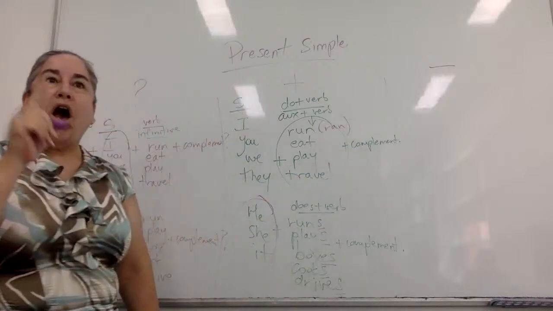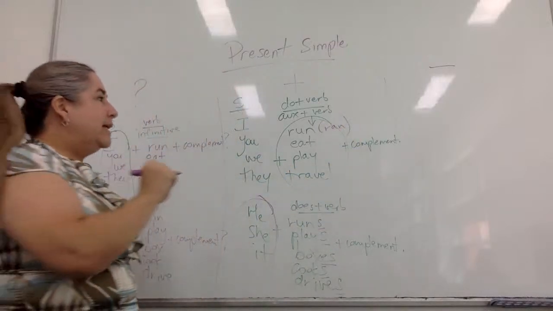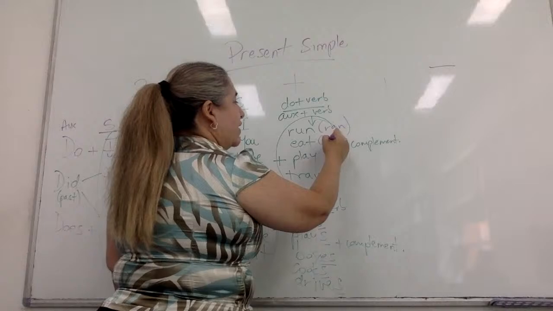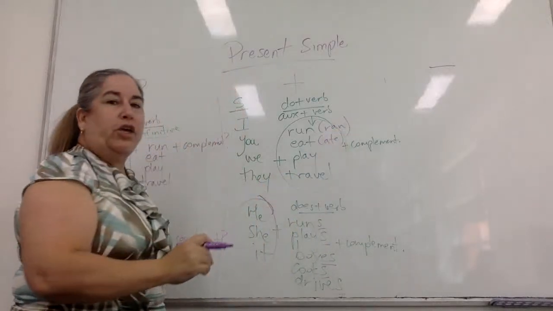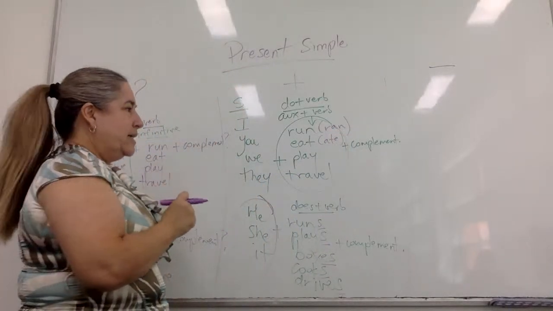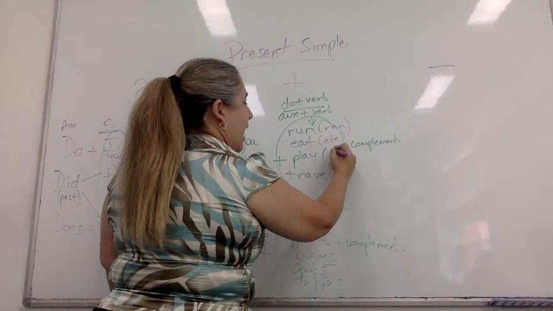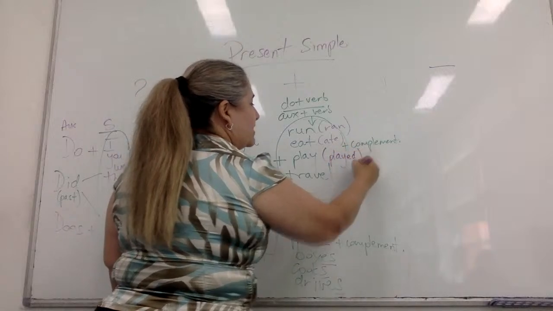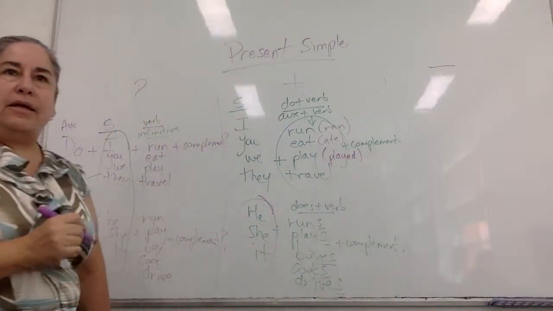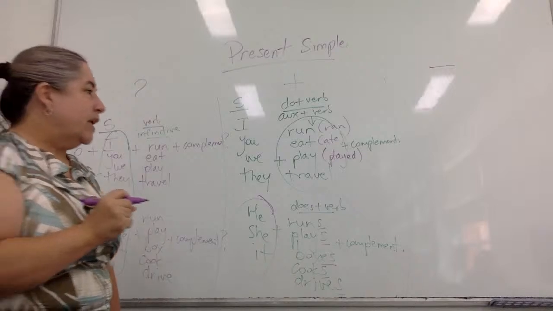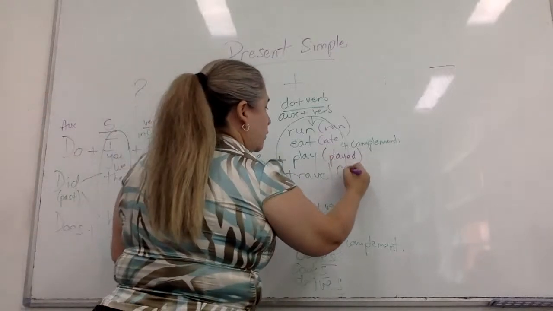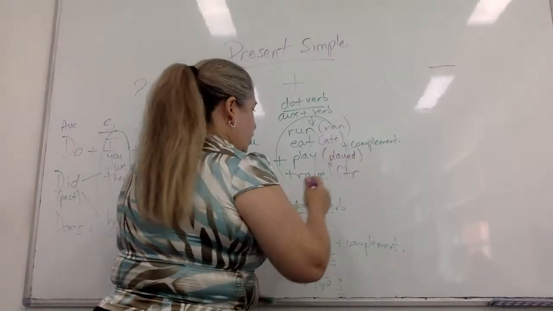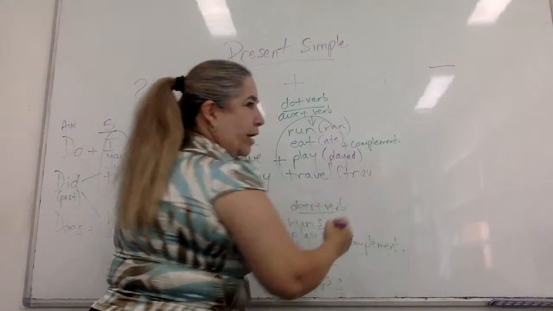So I say, I ran. Here, eat. I use the verb in past and I go, ate. If it's we and in past tense, we say played. It's a regular verb. And if it's travel, we're also going to use our regular verb.